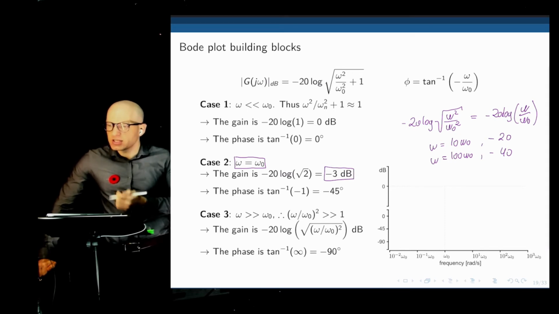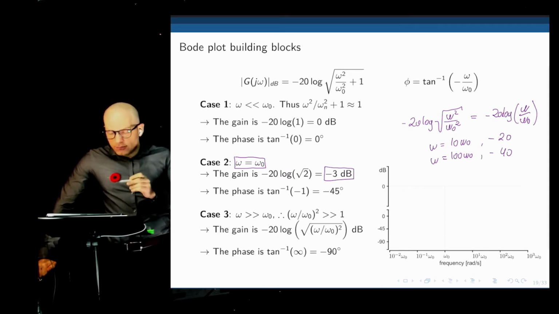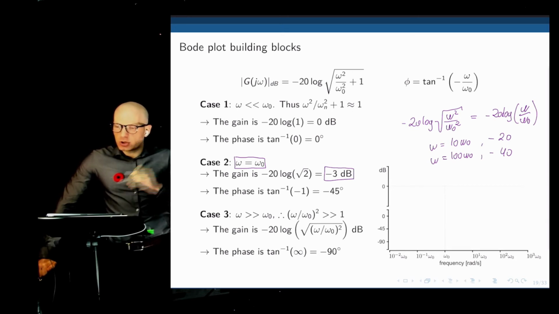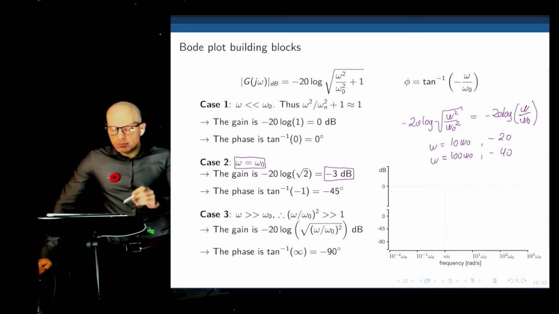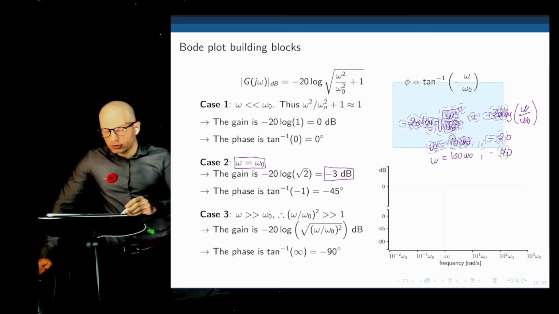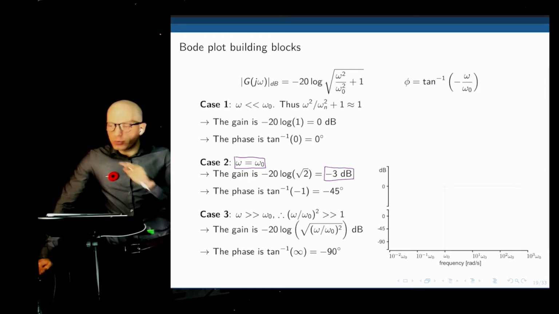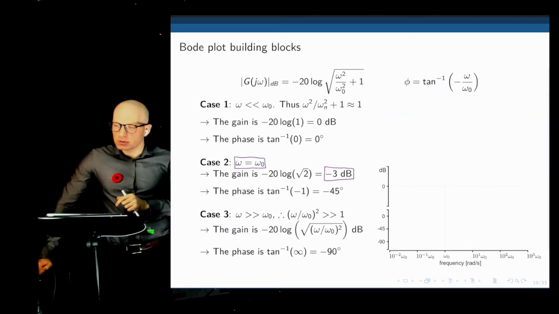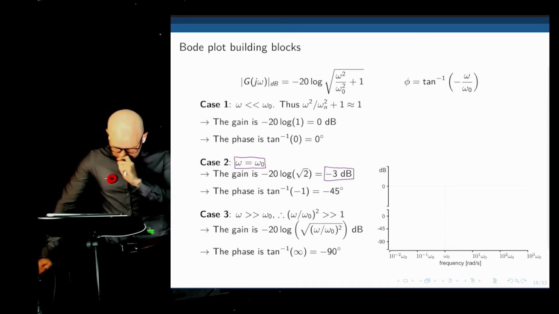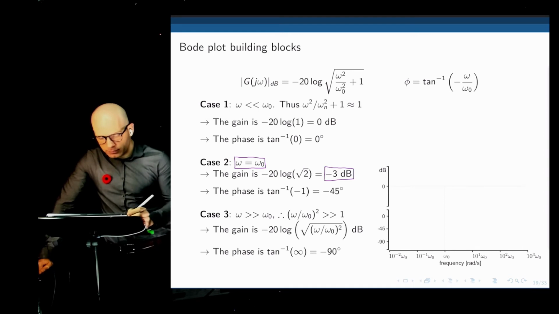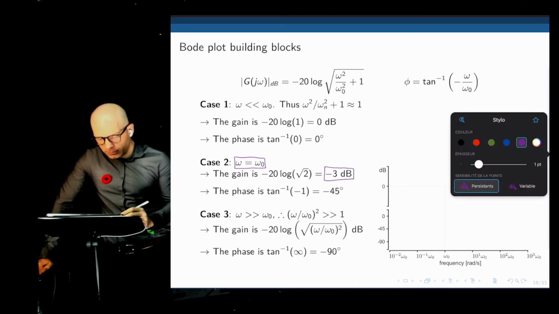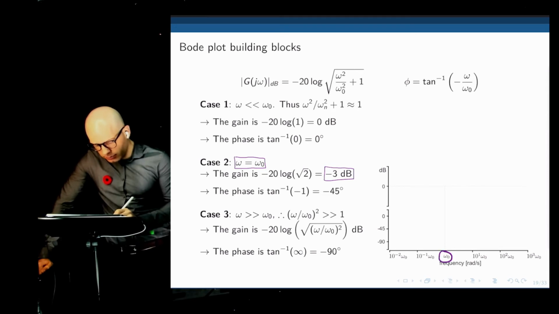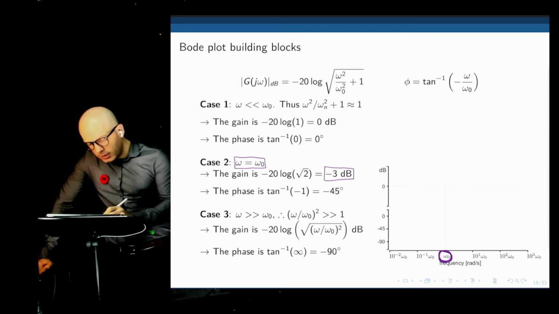What do we see here? The same trend as before. For every shift in frequency by a factor of 10, the Bode plot decreases by 20 dB with respect to the cutoff frequency. Let me summarize all this. Case 1, up to the cutoff frequency that I'm highlighting here as omega 0, the gain is 0.